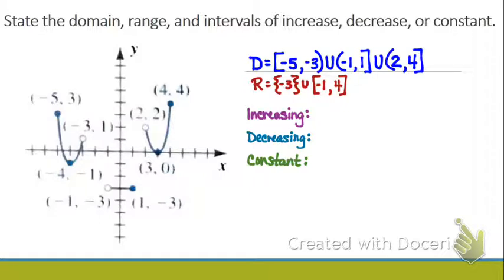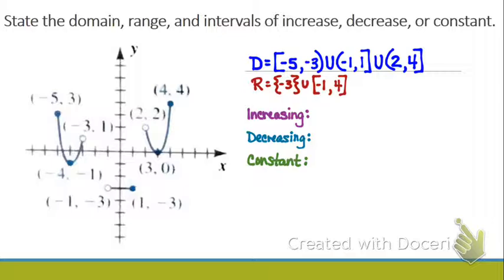Output. If I'm thinking about high and low, are we looking at domain or range? Range. So increasing means my y's are getting bigger. Decreasing means my y's are getting smaller, right? Constant would mean what? My y's aren't changing.